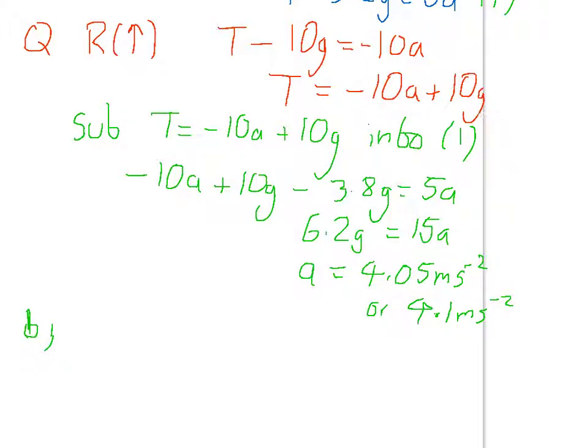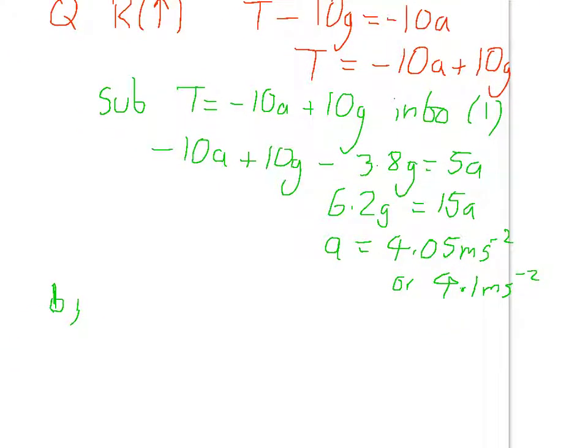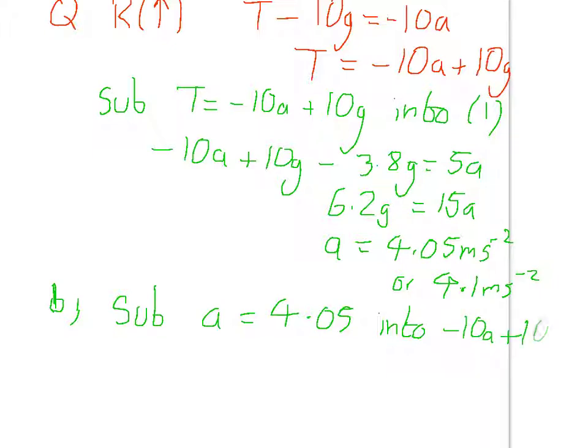So substitute A equals 4.05 into minus 10A plus 10g.